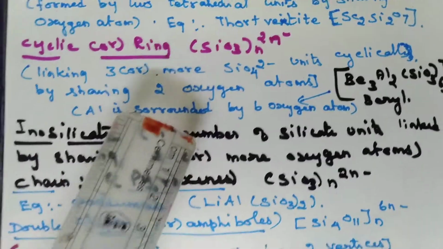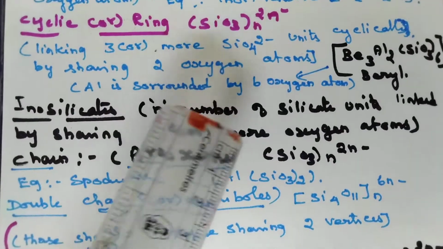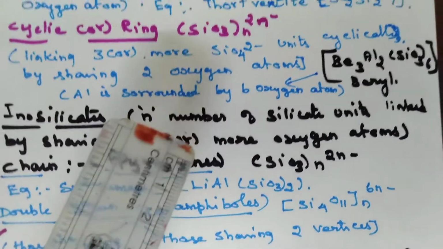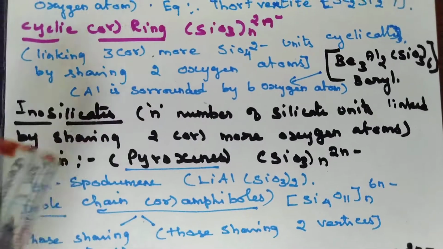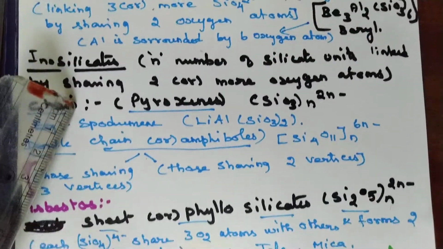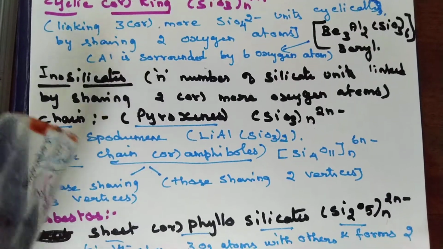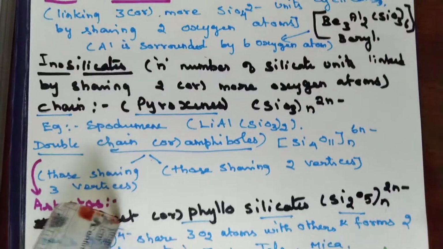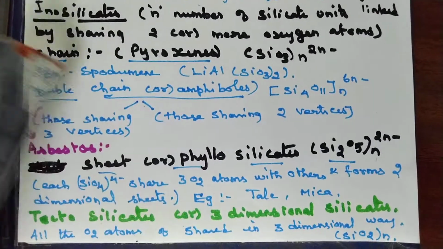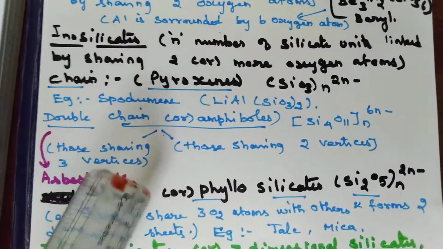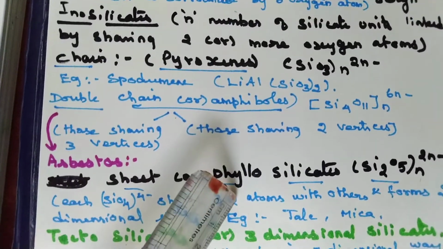Silicates which contain n number of silicate units linked by sharing 2 or more oxygen atoms are called inosilicates. They are further classified into chain, double chain and sheet silicates. Chain silicates. Here, look at this structure.